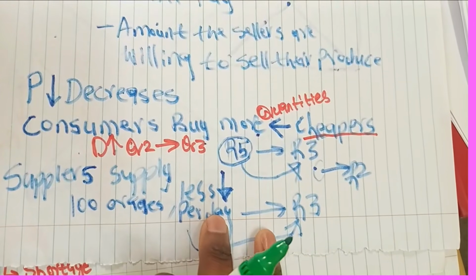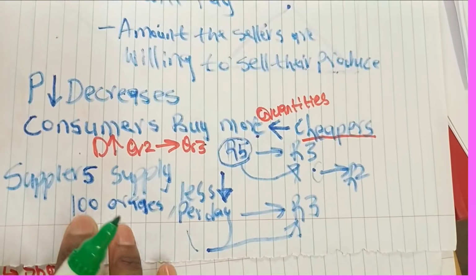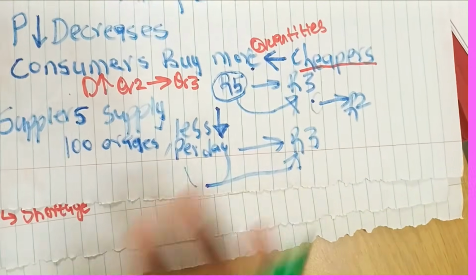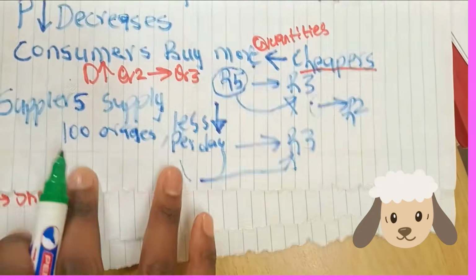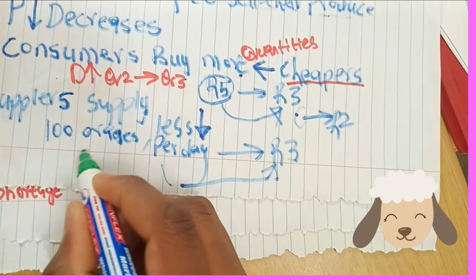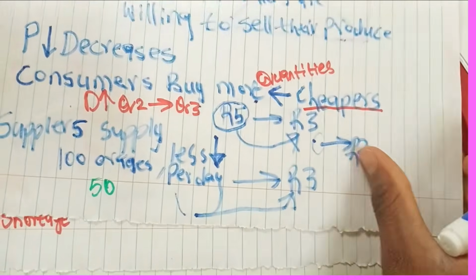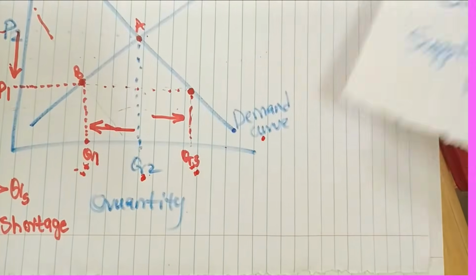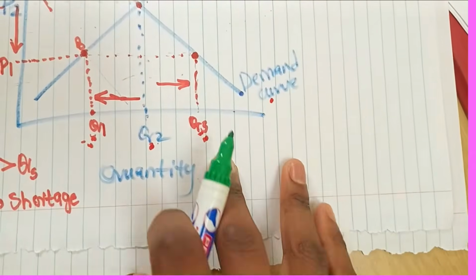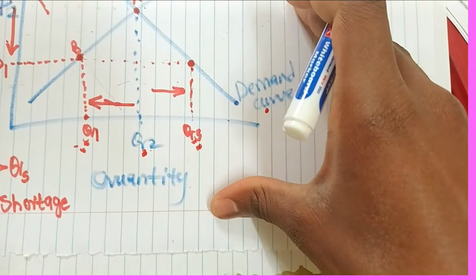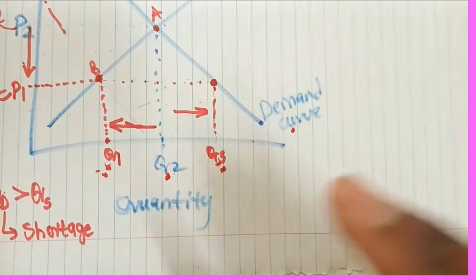Meaning if they were supplying 100 oranges, and now because the price is 3 rand, they supply, let's say, 50 oranges. That means they are retaining some of the oranges for the future. They want to sell when the price is higher.